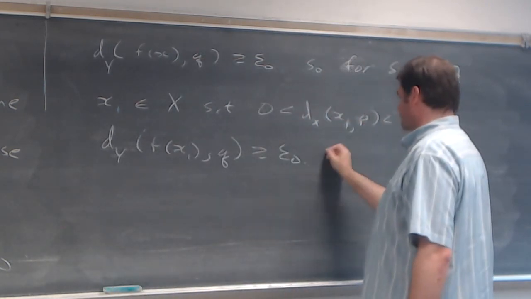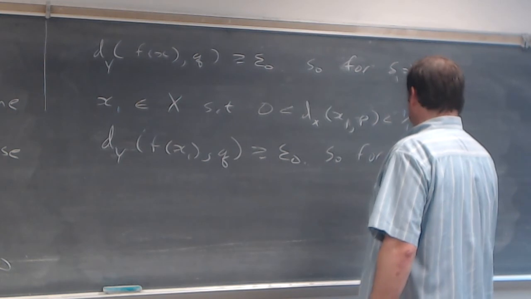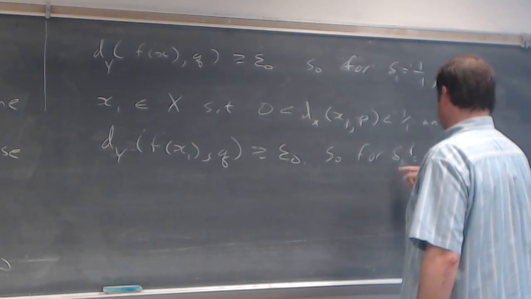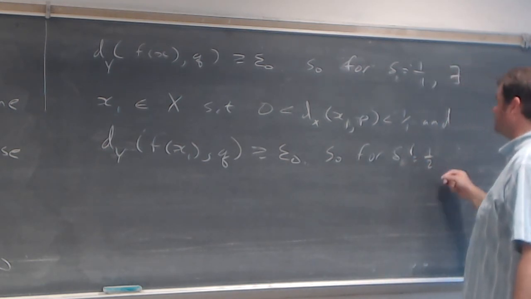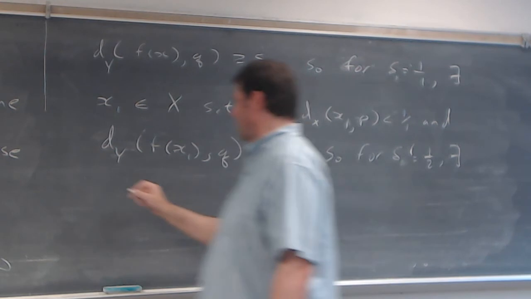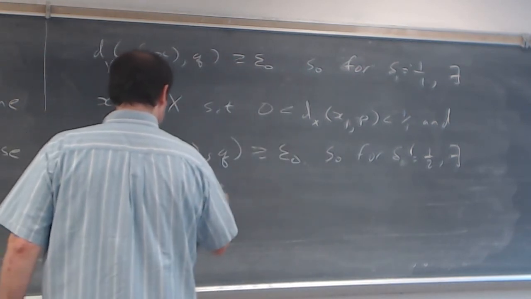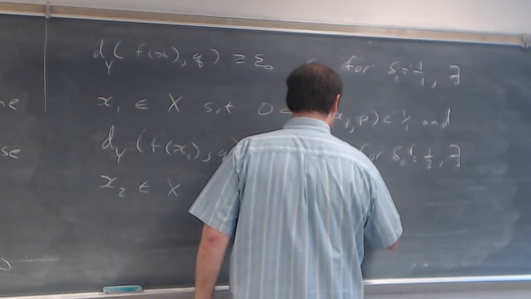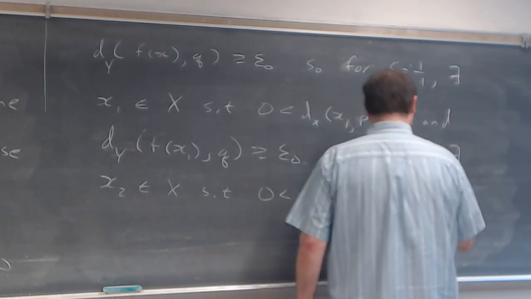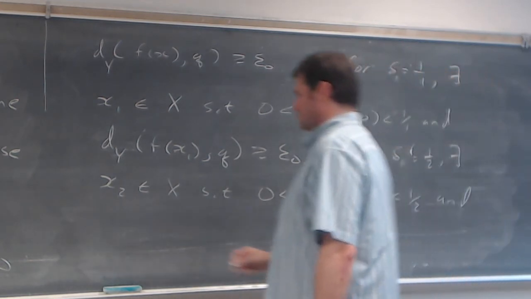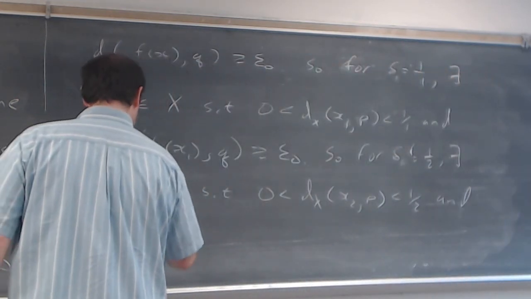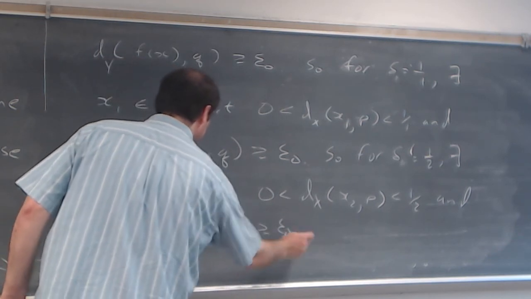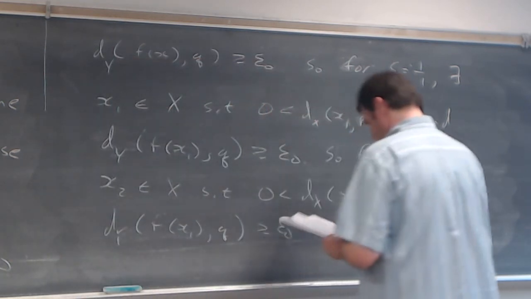Okay, that's true. For delta equal to 1 over 2, there exists an x sub 2 in X such that 0 is less than the distance between x sub 2 and p, which is less than delta, which is 1/2, and the distance between f of x sub 2 and q will be greater than or equal to epsilon naught. We just continue this process.